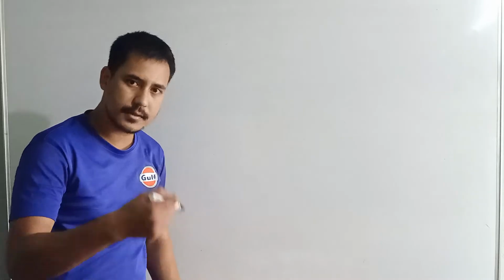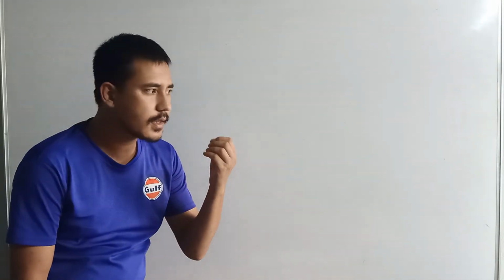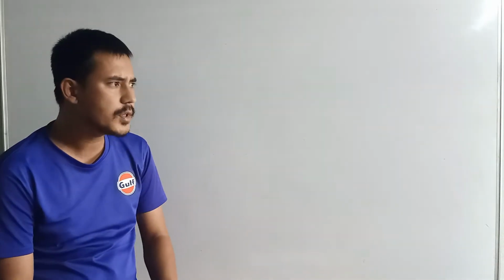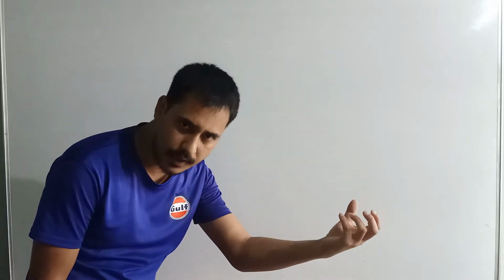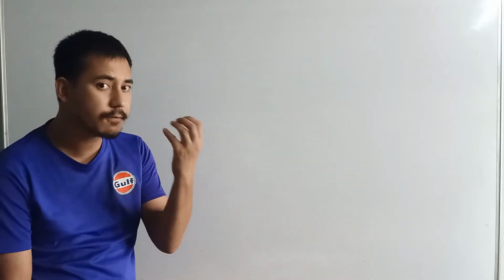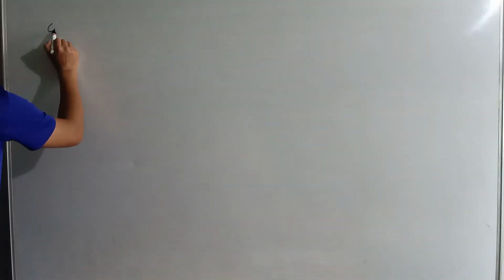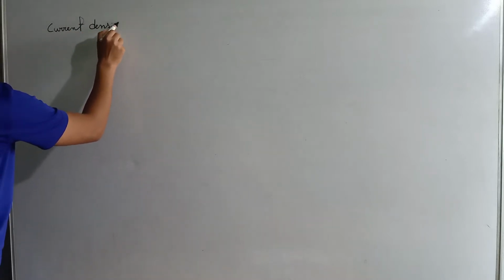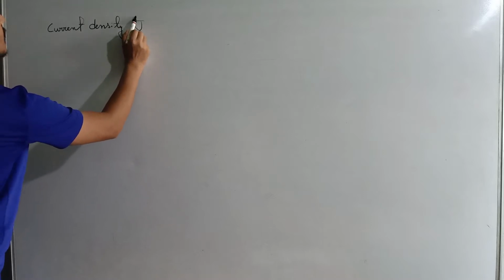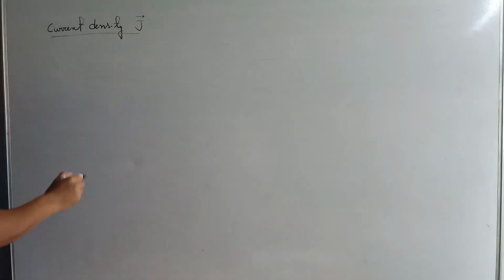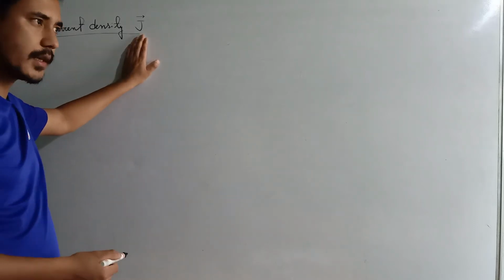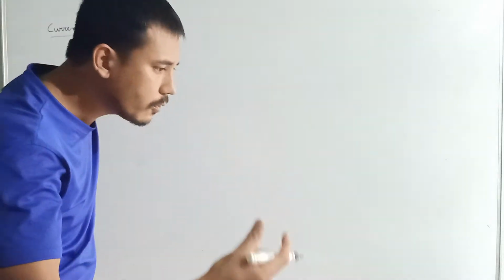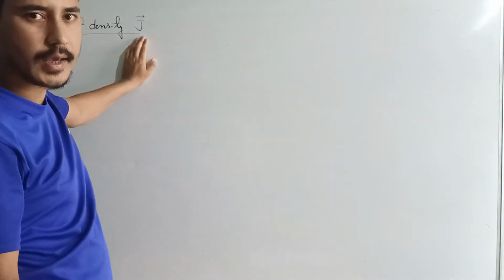That is known as your current density, denoted by vector J. This current density, vector J, is going to play the role of the current, and it is also a vector.